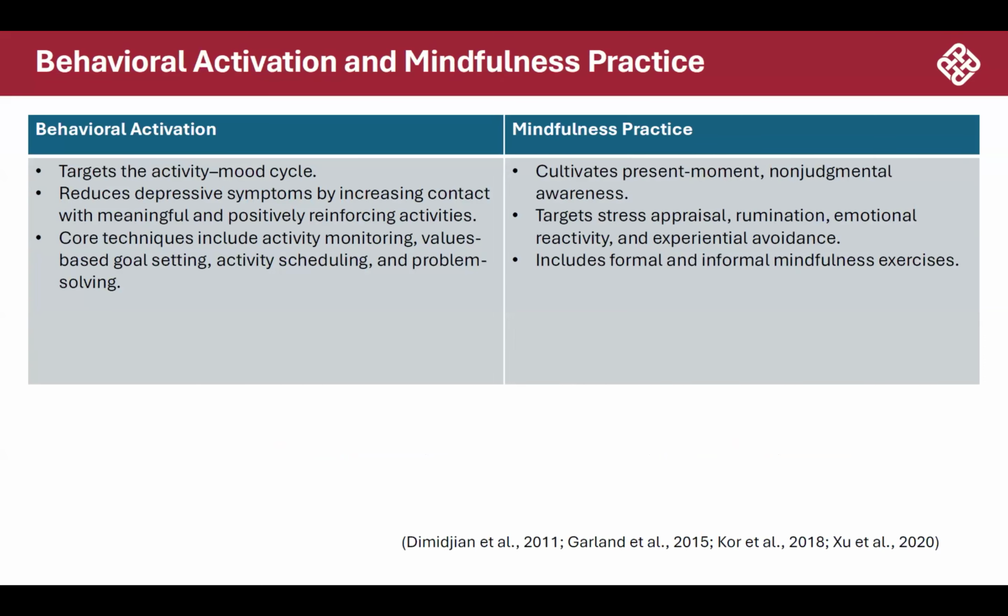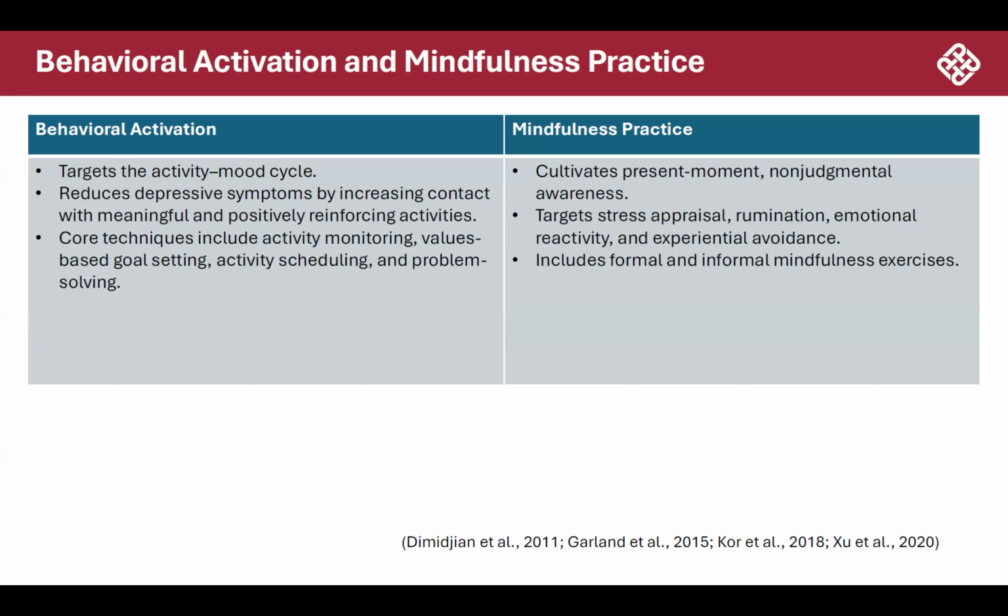If you look at the literature, we find that the most effective interventions for reducing depressive symptoms in family caregivers are the mindfulness program and also behavioral activation. These two interventions adopt different approaches. For example, behavioral activation targets the activity-mood cycle. It can reduce depressive symptoms by increasing contact with meaningful and positive activities for the family caregivers.